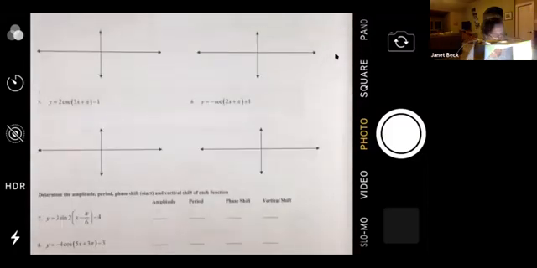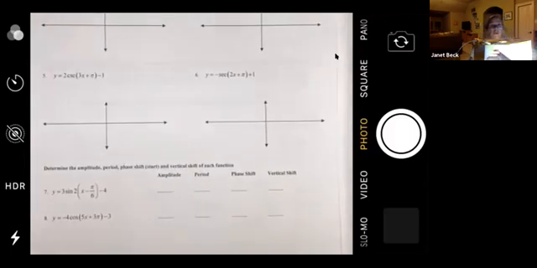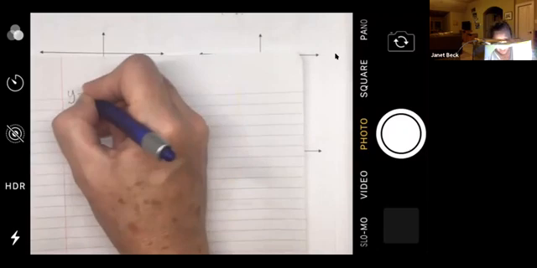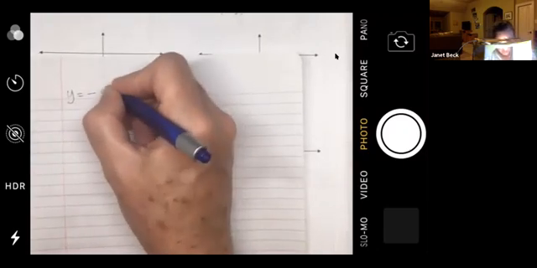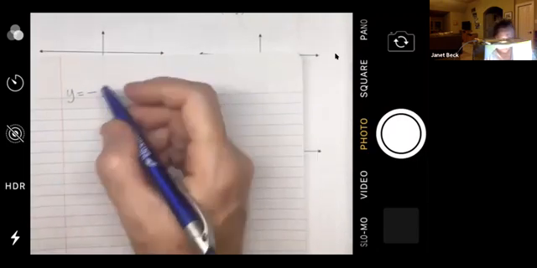Question 3 is, let's graph y equals minus sine x minus pi over 2, minus 1. Okay, so I'm graphing y equals minus sine. That's going to flip all the highs to lows and lows to highs.